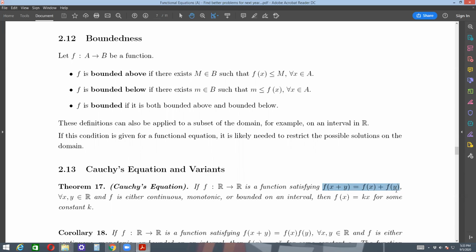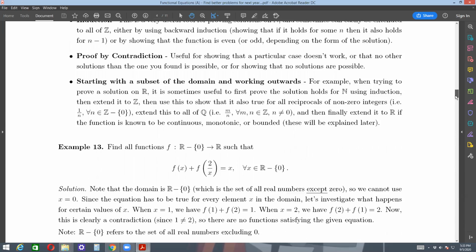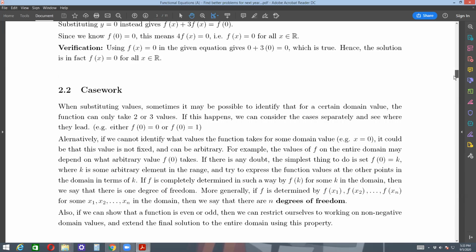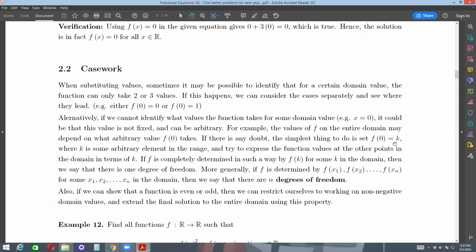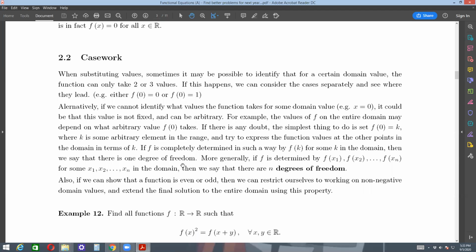Basically, f of 1 is a constant, and then every other value depends on that constant. So that's what I mean by not being able to find the value for a particular x value. In that case, it was f of 1, not f of 0, right? So f of 1 was a constant k, and then every other value depends on that.